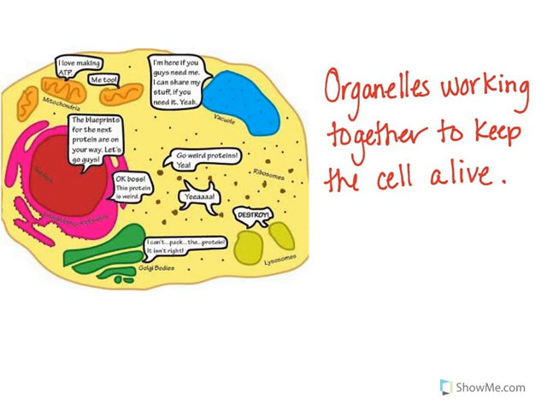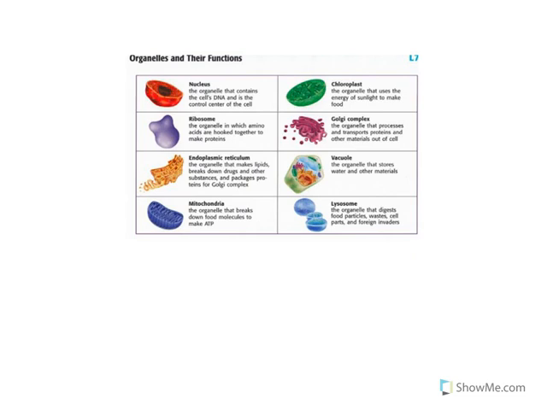I do also want you to note and remember that the organelles are constantly working together in order to keep the cell alive. So this is just a little comic, hopefully grasping the fact that they are working together. A couple of organelles that are dependent on one another are the mitochondria and the chloroplast.